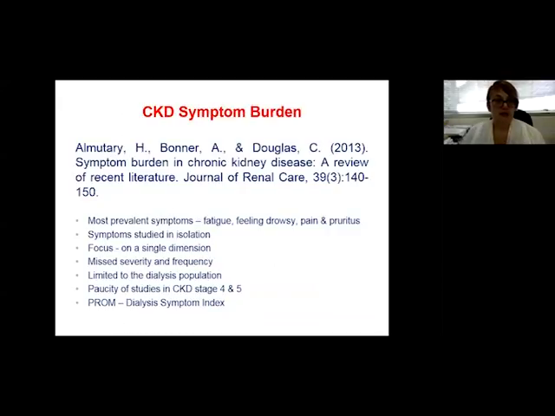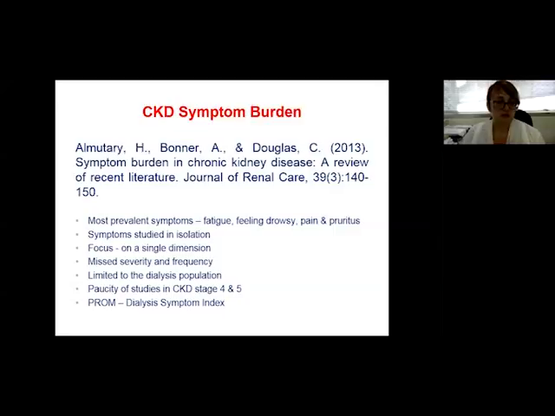So one of the publications that I've put in the modules is where my PhD student, Haifa Al-Mutari, myself and Clint Douglas here in the school, we examined the literature and identified the most prevalent symptoms, but that symptoms tended to be studied in isolation, only one dimension, looking at prevalence.